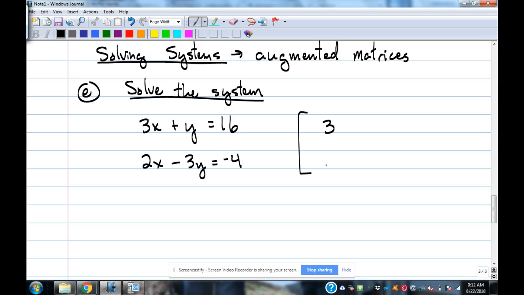So we have 3, 2, 1, negative 3, 16, negative 4. We've taken this system. It's got to be in order. Your x's and your y's got to be on one side, numbers on the other. It's got to be in that standard form, like you were going to do elimination. You've got to be able to put the equation there. Then you throw it into this matrix.